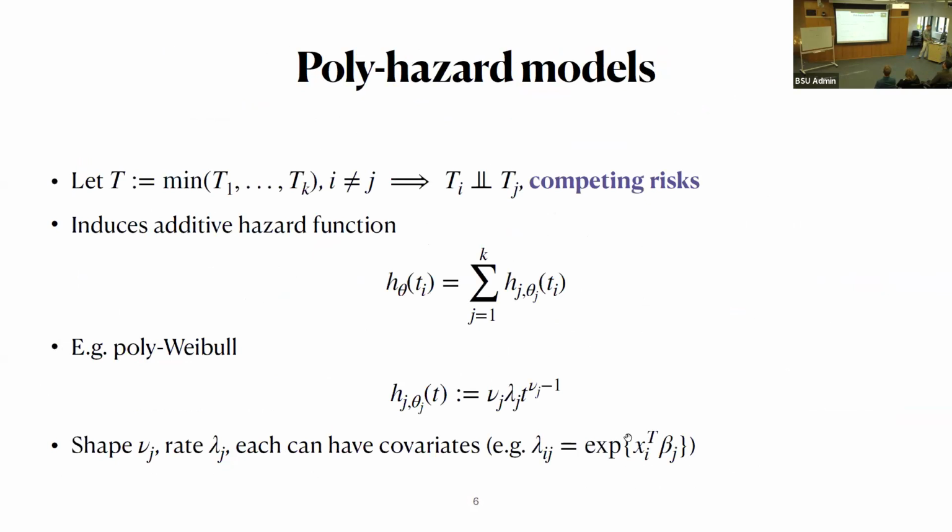Yeah, this bit. So that's what we're doing. We've got a number of components being chosen, but then also within each component, do you want covariates on the parameters or not? That's the variable selection bit.